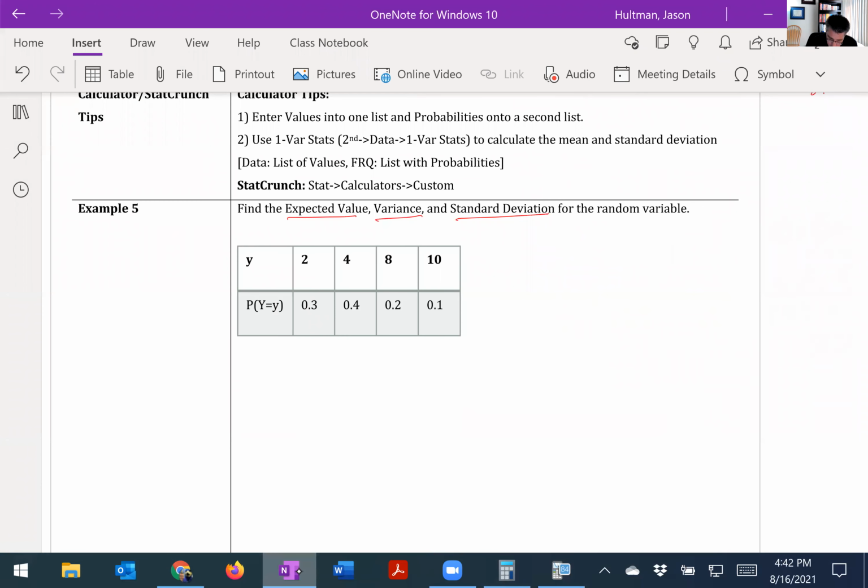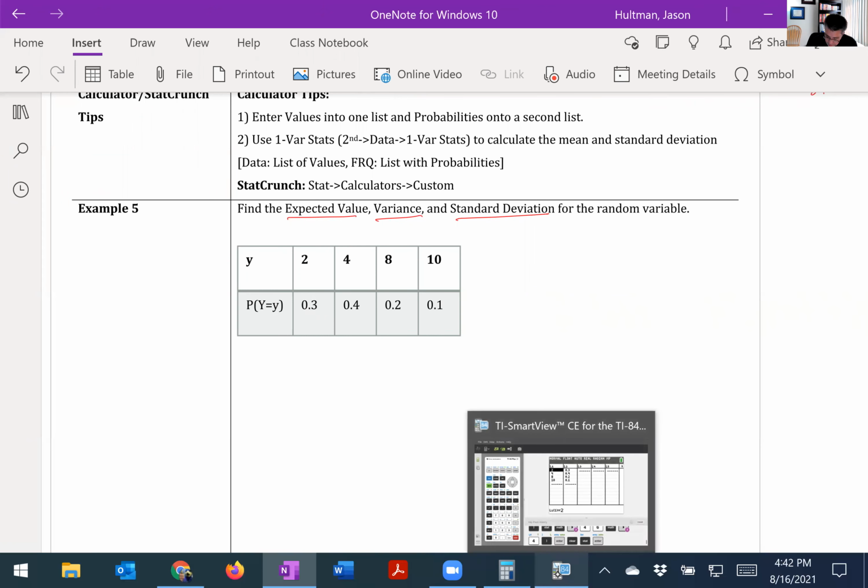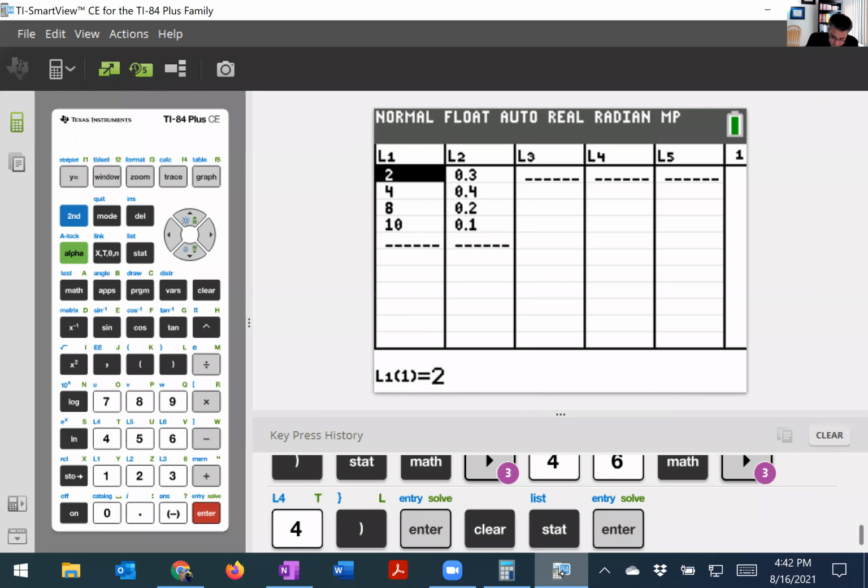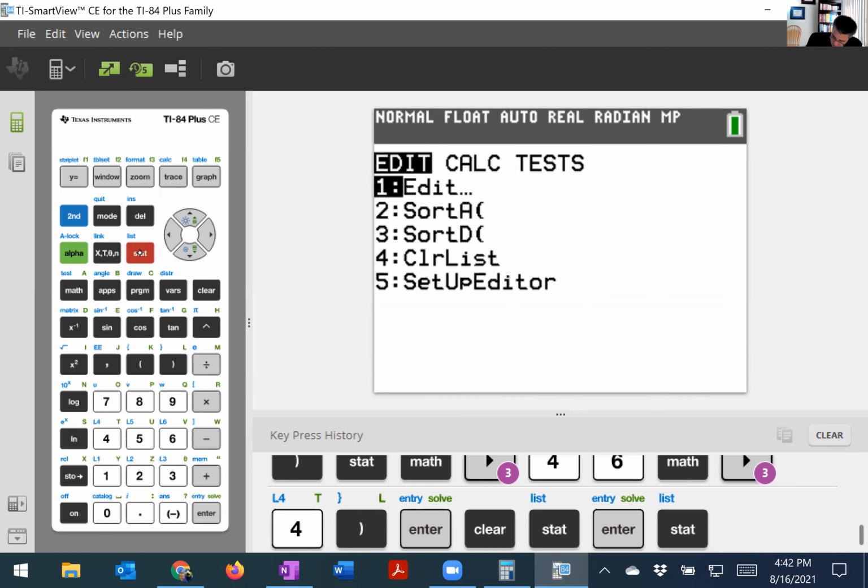Feel free to pause and plug those into your calculator, under stat and then edit.